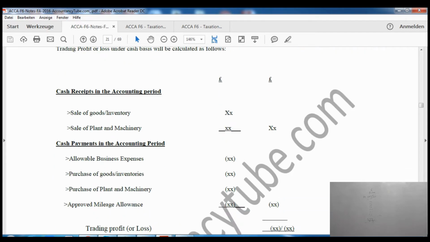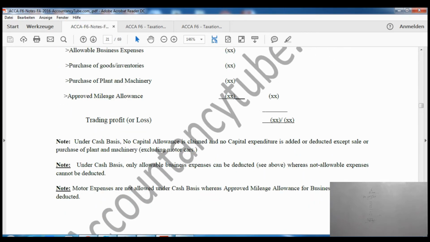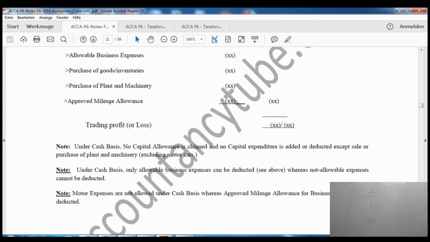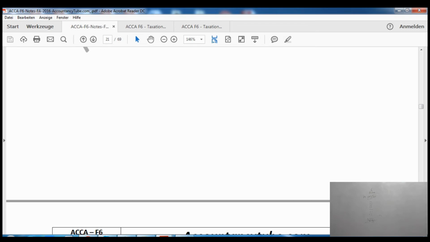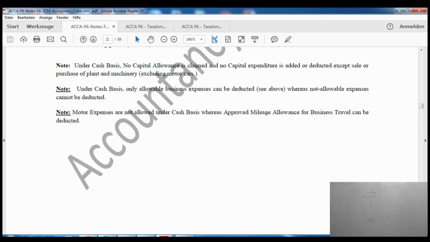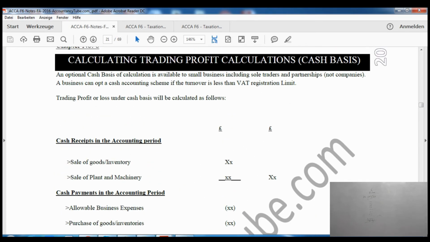So what happens here is you take the cash receipts, and what you deduct is cash payments, and the net figure is going to be either a trading profit or an allowable loss. Right? So it's very, very easy. Just read it yourself, and you'll have to learn this by heart, and you're likely to get a few things out of that in your exam, especially in MCQs and theory questions.